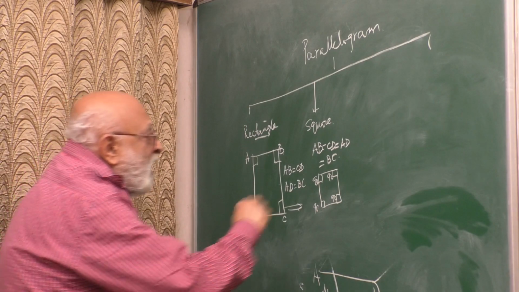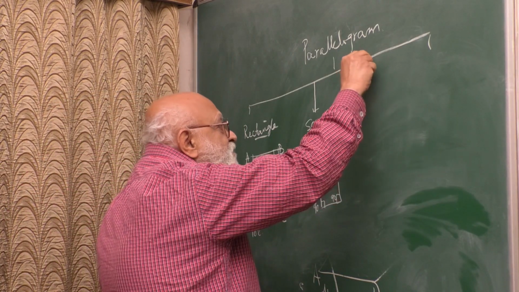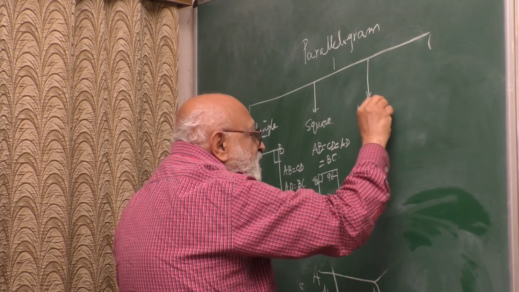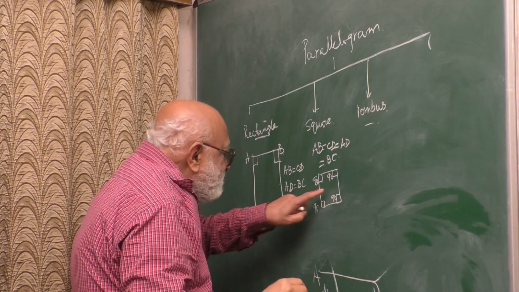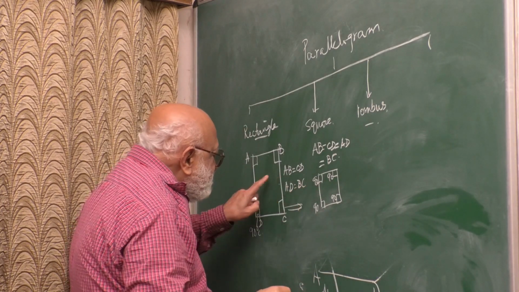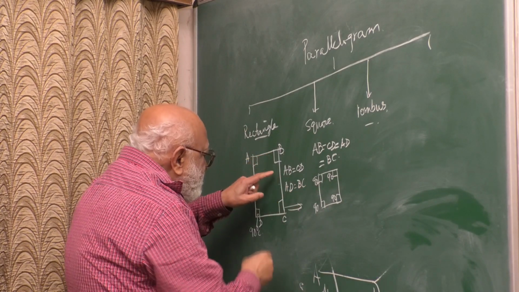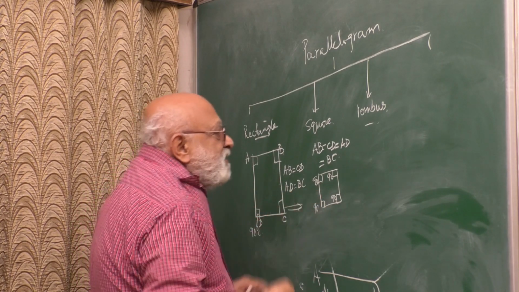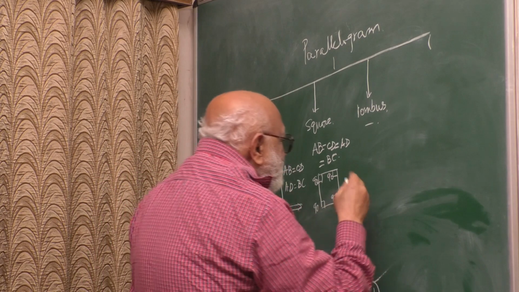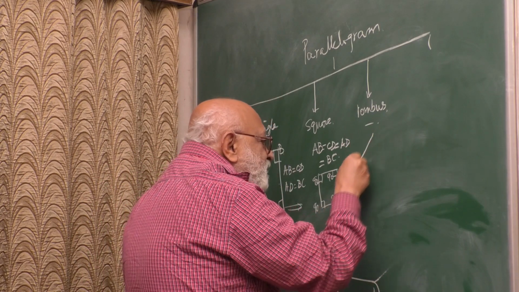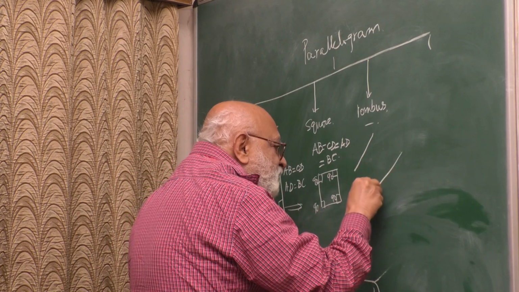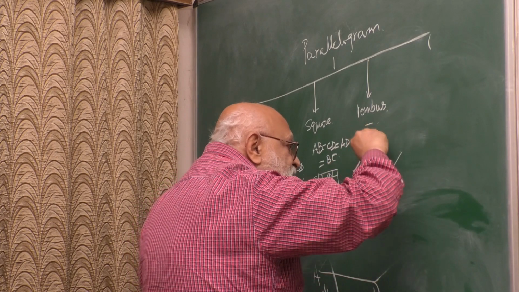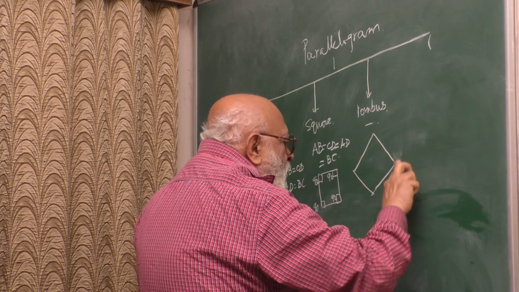Okay, after the square comes what is known as the rhombus. Remember, nothing is changing except the shape. Here what has been done is all the sides have been made equal. Other properties remain the same. The same properties are underscored here.